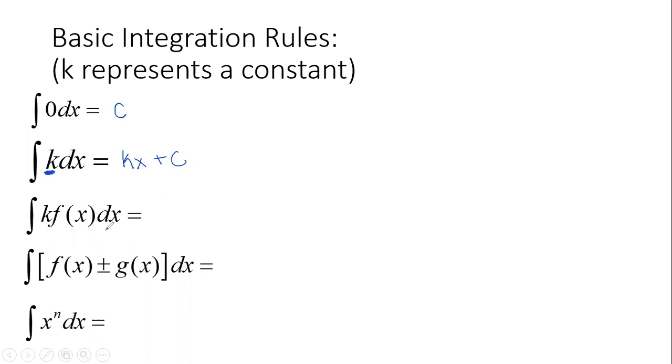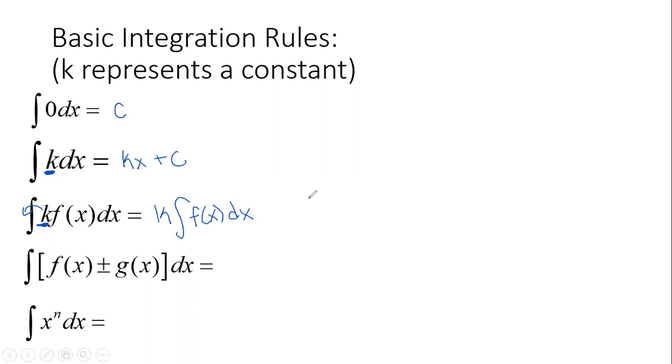Now the next one, the notation is a little bit funky, but there's a general rule that we're allowed to use. Anytime that you have some number, we're allowed to pull it out. So we're going to bring our k, which represents just some value, outside of the integral of f of x dx. Again, anytime that you have some kind of constant, you're allowed to just bring it out.